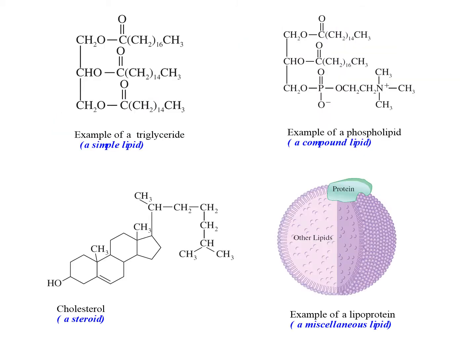A simple lipid, usually in biochem, you start with a simple lipid, and this is a triglyceride. You may have heard triglycerides here. It's a 3-carbon backbone, and so this is 1, 2, 3 chains here. There's 16 CH2s, 14 and 14 here, and this is a long carbon hydrogen string.